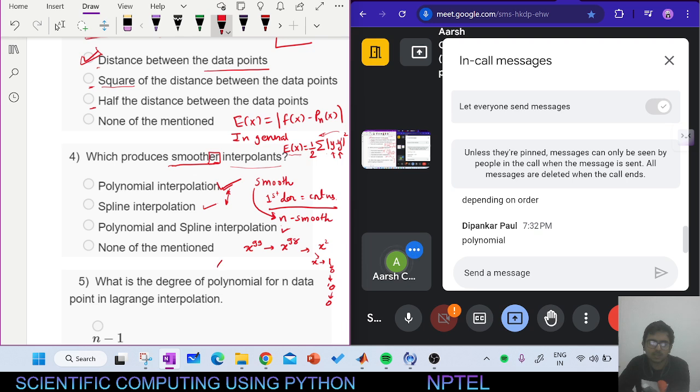On the other hand, a spline depends on what kind of spline you are using. But let's say it's a cubic one, then up to the second derivative it's going to be smooth. The third derivative need not be smooth. So under that interpretation, polynomial is smoother.